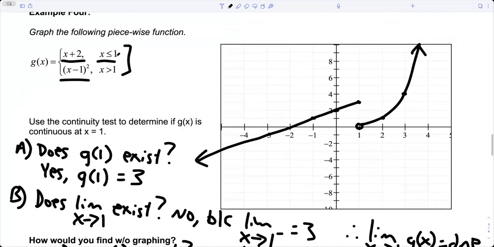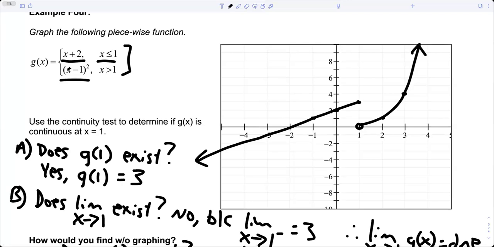So I'm going to plug 1 into the top equation and I get 3. I just did that, right? And then when I plug in 1 to the bottom equation, I get 0, right? Therefore, 3 does not equal 0, therefore the limit does not exist. And if the limit does not exist, then the function is not continuous at that point.